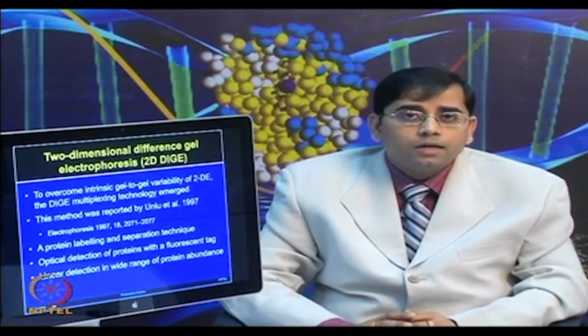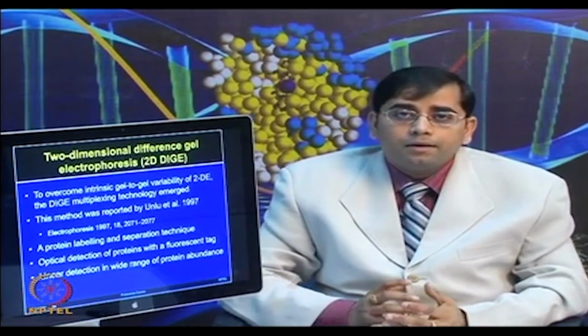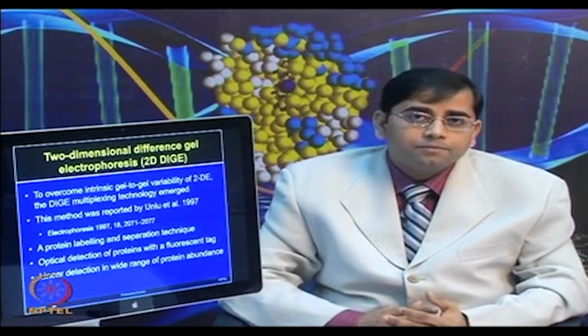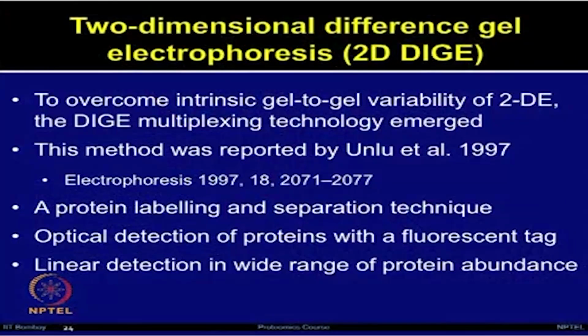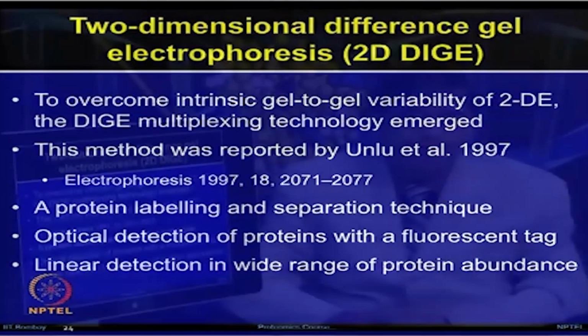So, overall one can expect a very sensitive method giving a very large dynamic range of protein detection by using fluorescent tags, and this method gives multiplexing and separating proteins on one gel. So, it is expected that it will avoid a lot of difficulties which are encountered in the traditional 2D gels.